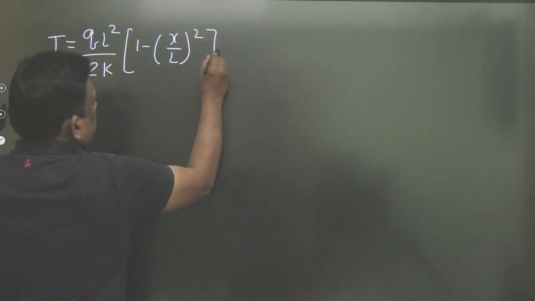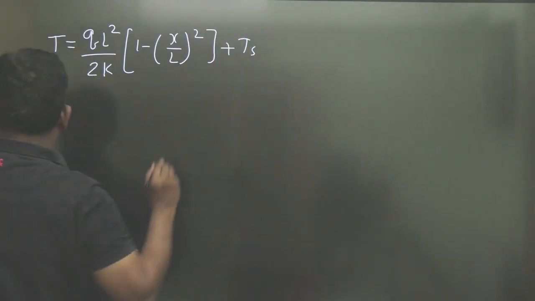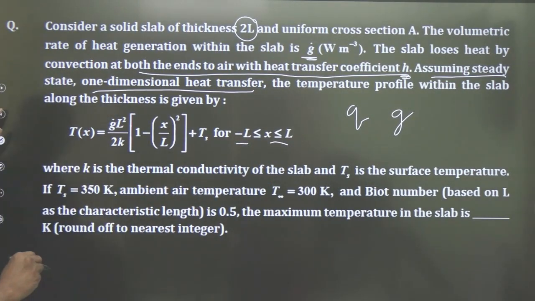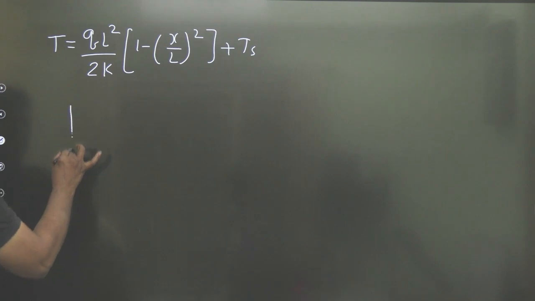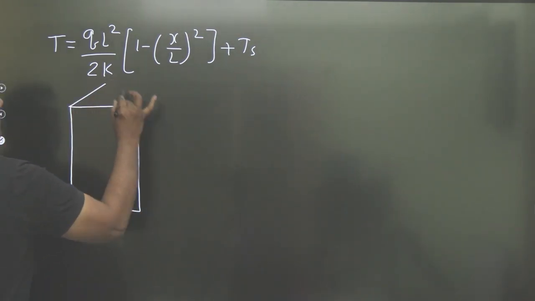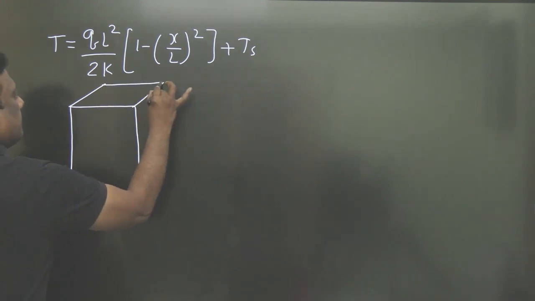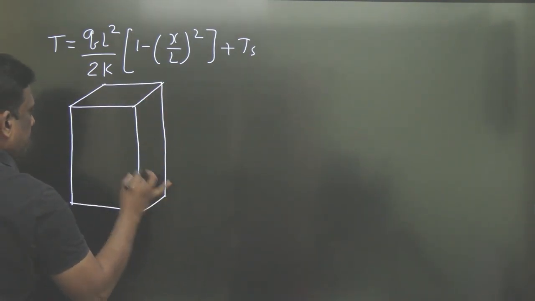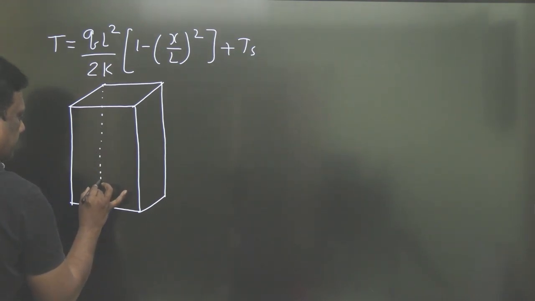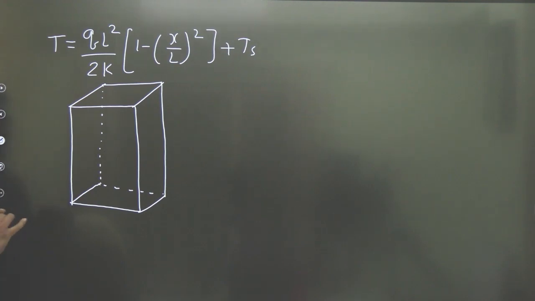But here is a very important point: x goes from minus L to plus L. Let me explain. This is the slab.